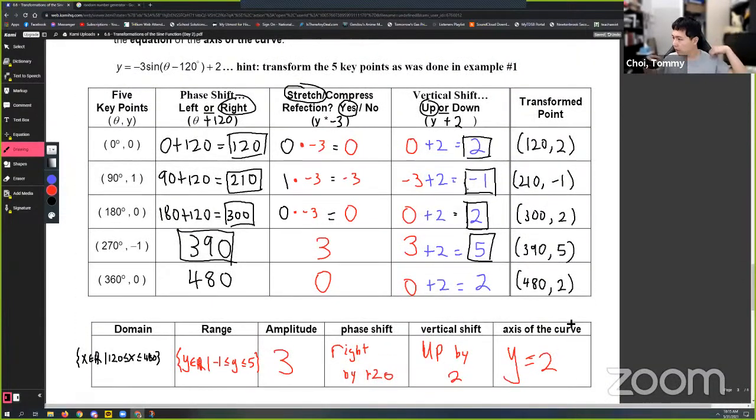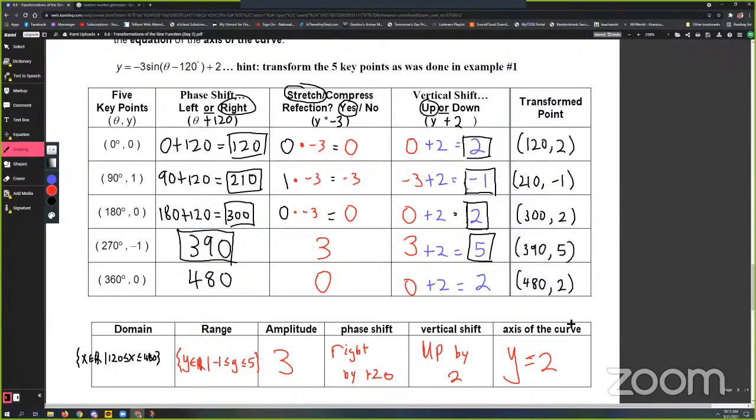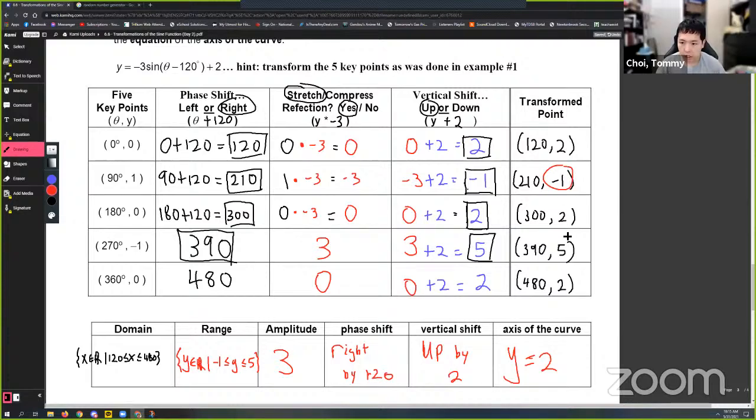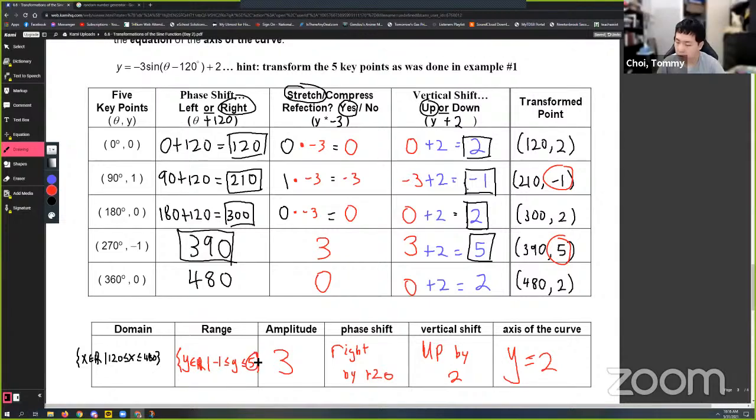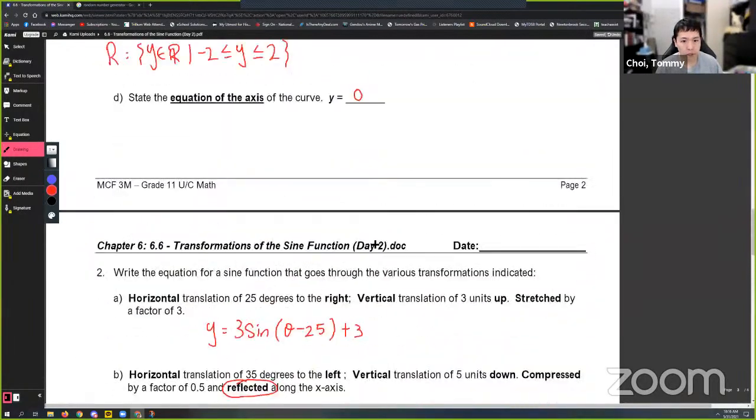Wait, mister, can you explain how you got the range again? Remember, it's peak and trough. The lowest value goes first, highest value goes second. So as long as you identify the lowest and highest values, that's going to be your range. We had that formula earlier.